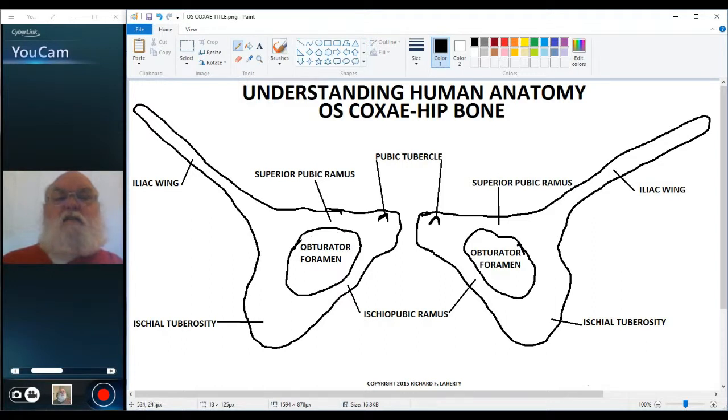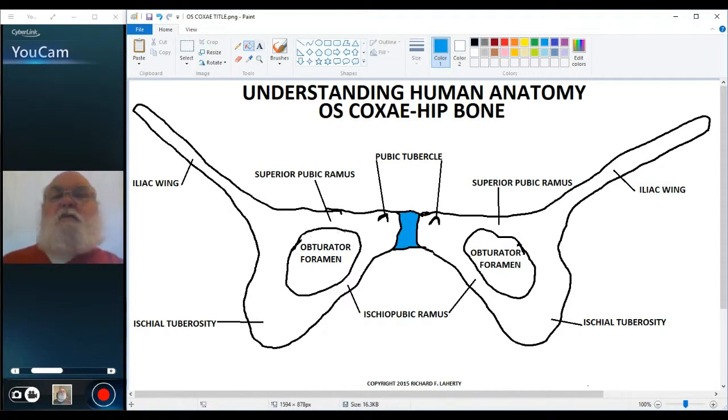Then the two pubic bones are held together with an amphiarthrosis type of joint. And I'm going to close off the area between the two pubic bones and then color in this joint. And this is the symphysis pubis.